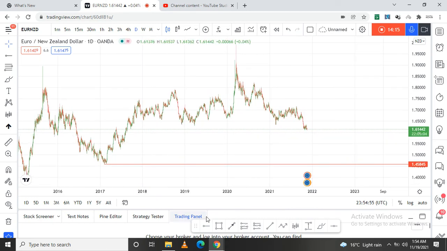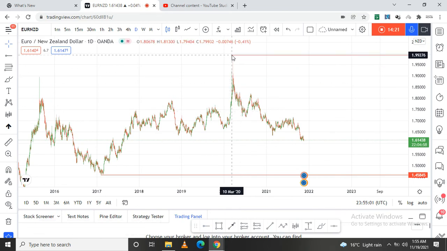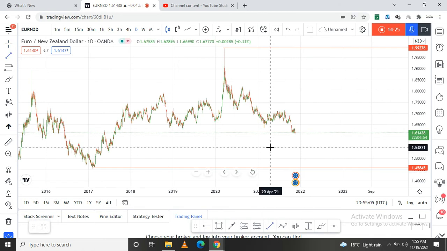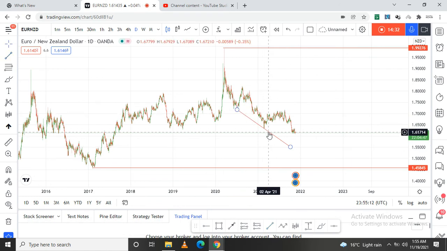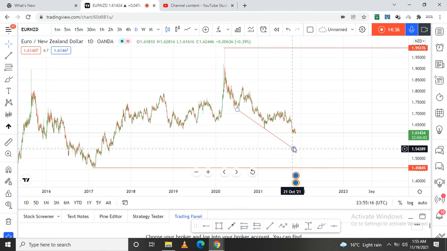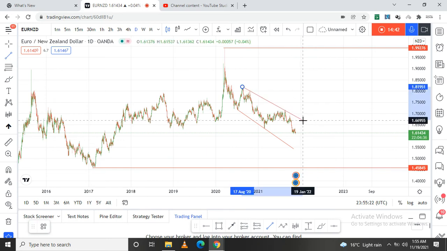Then the highest point is, I can mark that, or I can just mark the wick, is that one there. And then if I start to cater for my downward trend, I can have a first touch, second touch, so automatically I know that price will come here for a third touch. I just have to find the resisting trend line at the top.